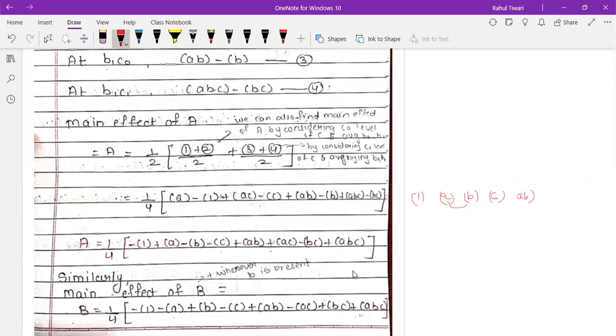You can multiply A with C, we get AC. Similarly, you can multiply BC. So you got the second order combinations. Then multiply ABC, you get the third order combination.